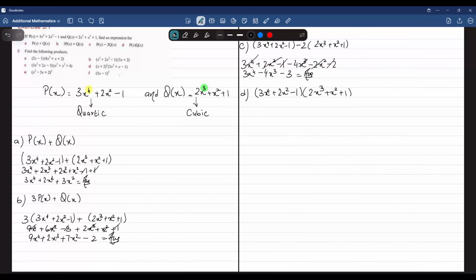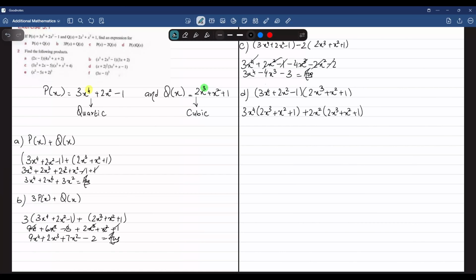So what we have to do is a pretty labor-intensive job of multiplying each term by each term in the second bracket. So basically, we multiply 3x raised to the power 4 by 2x cubed plus x squared plus 1. And then we add 2x squared multiplied by 2x cubed plus x squared plus 1.